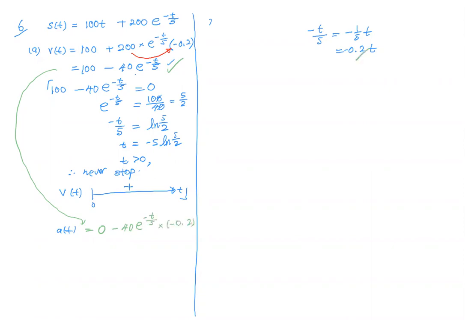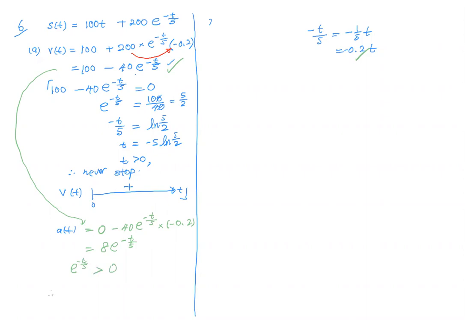I told you already, put it like that, easier to see. So you get 8 e to the power negative t over 5. So e to the power negative t over 5 is always greater than 0.